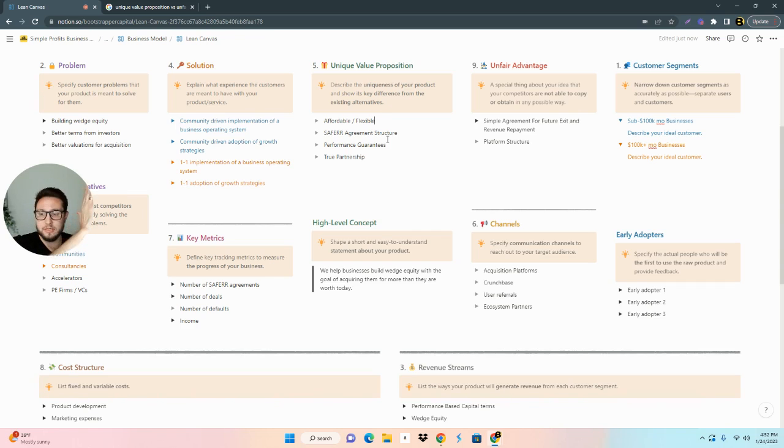So our performance is tied to your performance on the payment side, compensation structure. And then B, we have the ability to acquire your business, and that's what we're in for. So we want to see you succeed. We want to build that wedge equity, not just because we guarantee it, but because ultimately by doing so, we could potentially get a deal done and everybody wins in a big way, right?